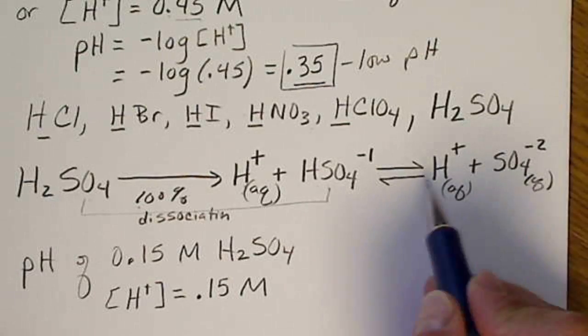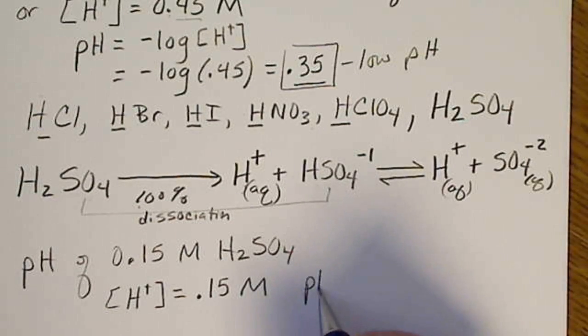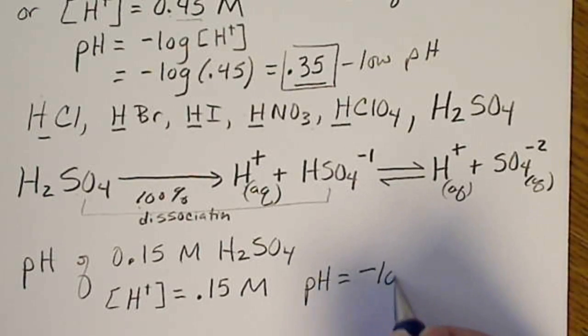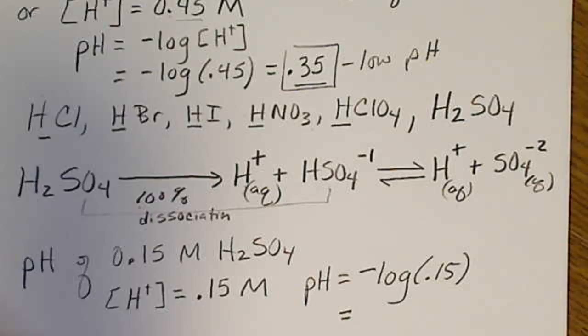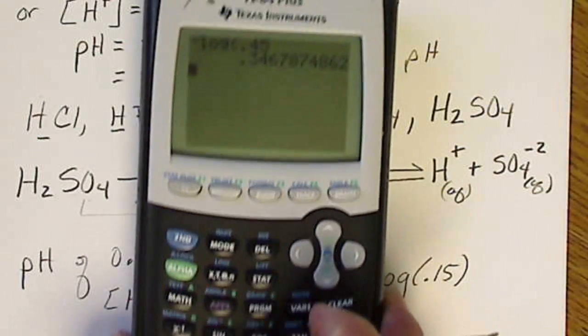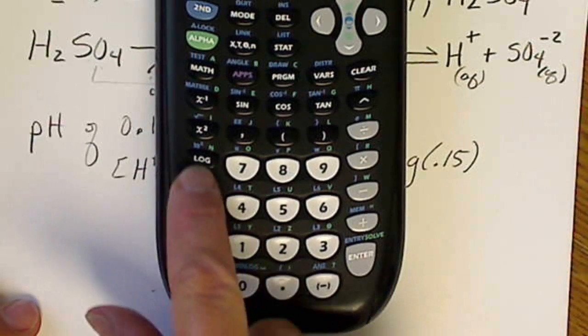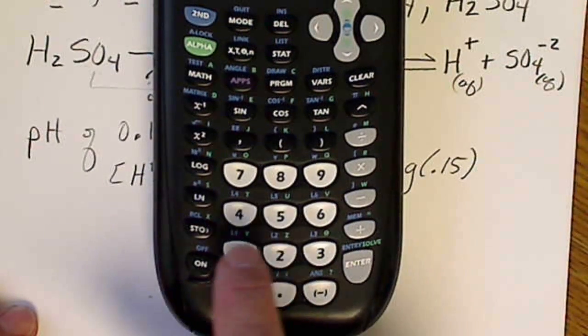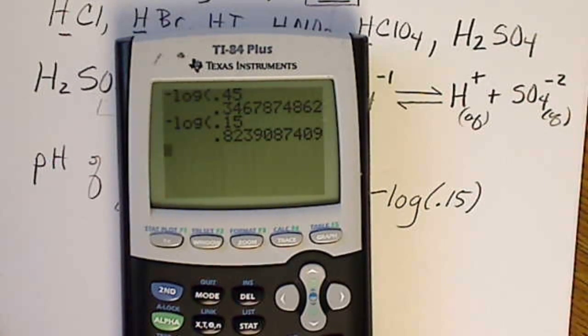We're not going to worry about this reaction that's going on. So the pH of this would be the negative log of 0.15. So if we do that on the calculator, we have negative log of 0.15, and enter that, and we get 0.82.